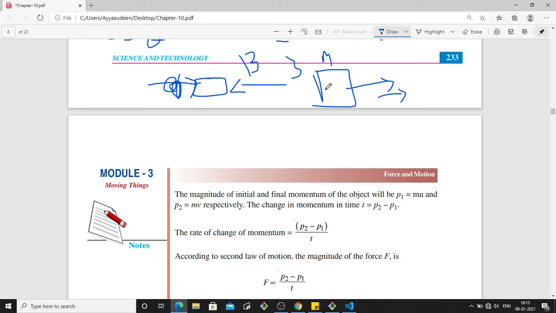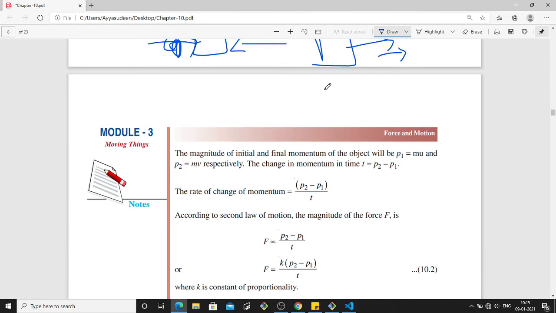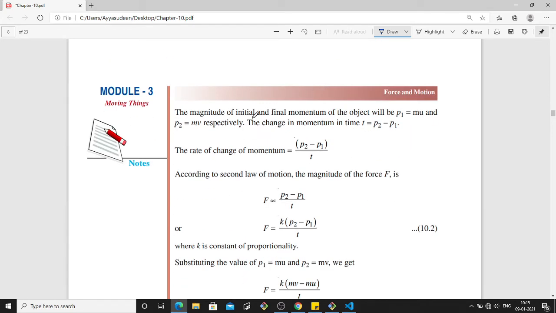So now we will derive the equation. The magnitude of initial momentum, let's say p is the momentum as we told earlier. So now we are finding the initial momentum: p1 equals m, the mass, times u, because that is the initial velocity.